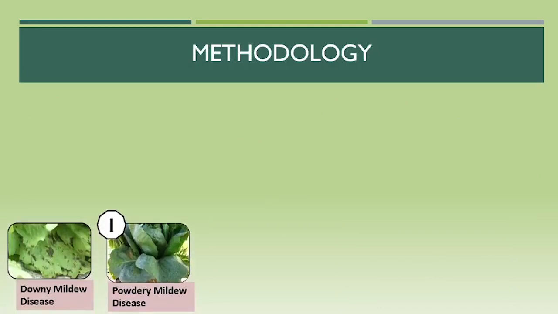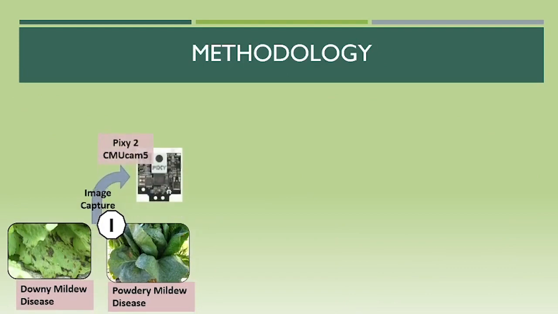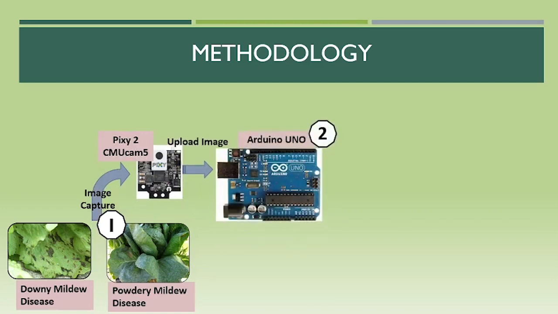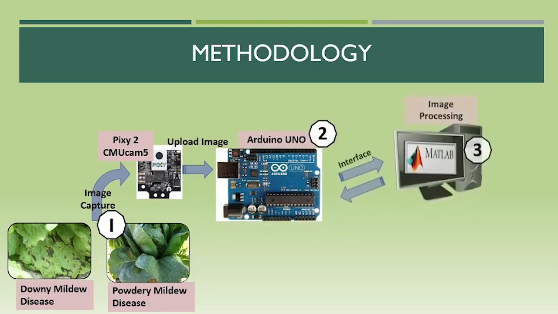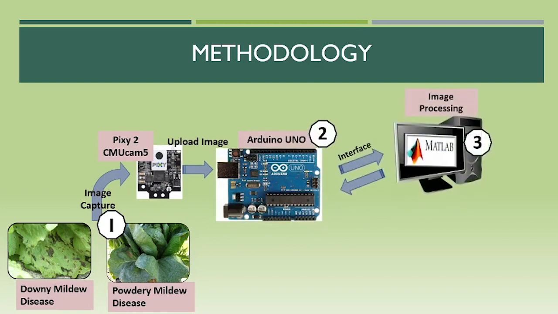So for the method, the disease is captured by the PC camera, and then the image is uploaded to the Arduino, and the Arduino will save it in a specific folder in the computer. The computer has Matlab software that has the image processing toolbox.